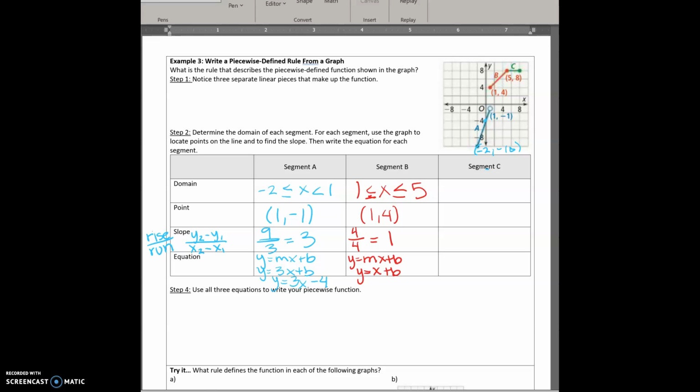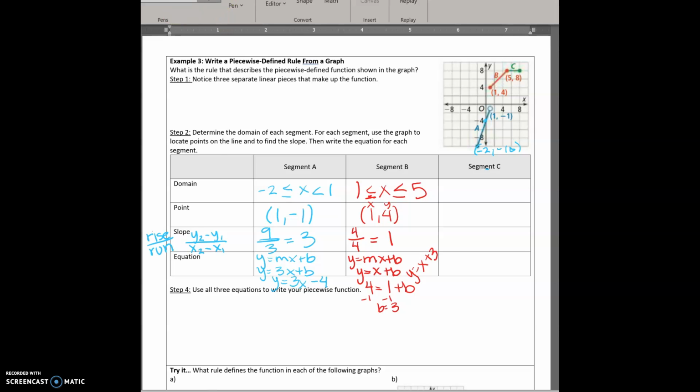We're going to take this point and plug in x and y. So y is 4, x is 1, and then we are solving for b. So 1 plus what is going to get us 4? Well, we can subtract 1 on both sides. We get b equals 3. So this equation here would be y equals x plus 3.